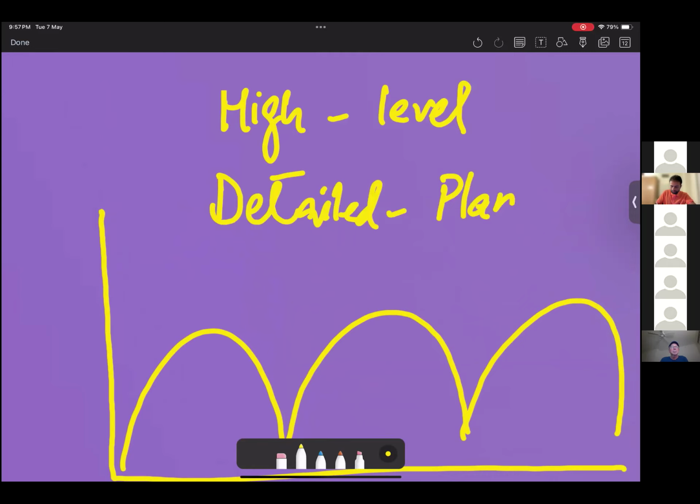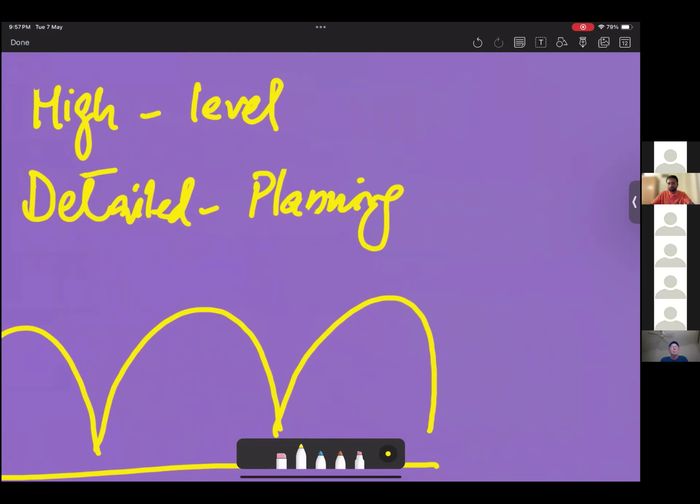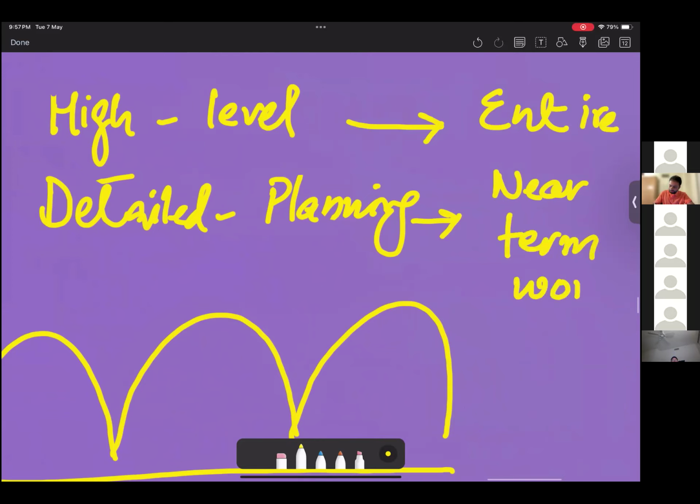High-level planning for the entire project and detailed planning for near-term work. Normally we do rolling wave planning for long-term projects with longer duration. For example, if you're working on a project with a duration of, let's suppose, 10 years.